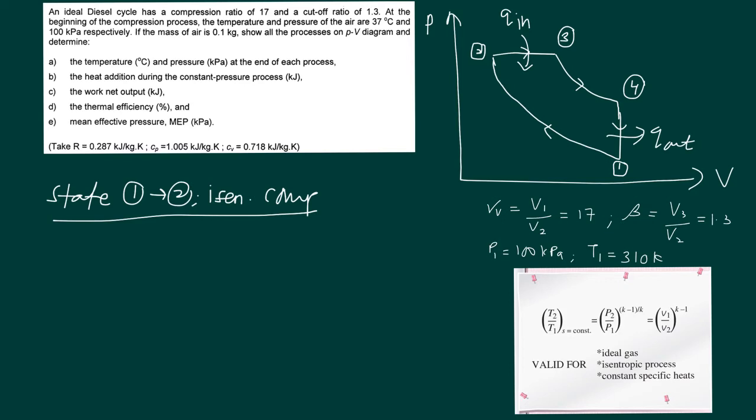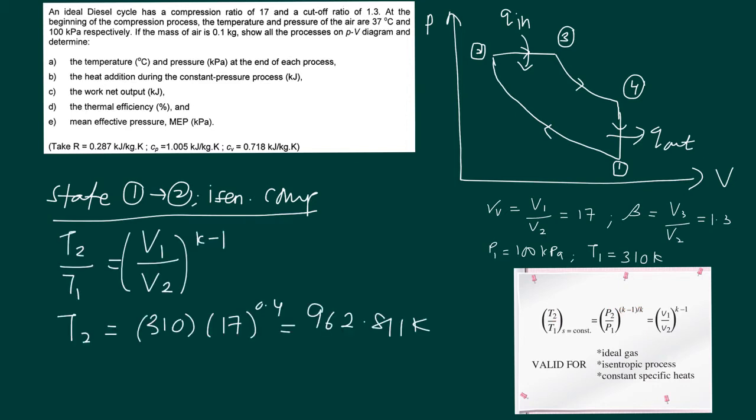Alright, so state 1 to state 2 is your isentropic compression process. So we are going to make use of these isentropic equations for ideal gas. You make use of the temperature and volume relations, so you will have your temperature at 2 here.